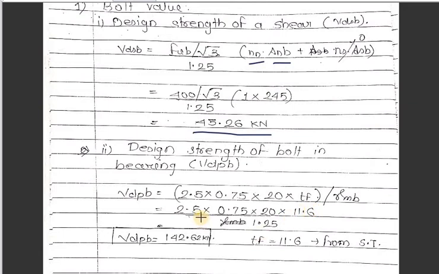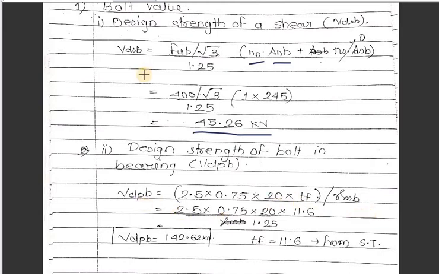What about the bearing? In bearing, Vdpb is 2.5 times kb, where 0.75 is kb, times d times t divided by gamma mb. This formula has been taken from IS 800 2007.